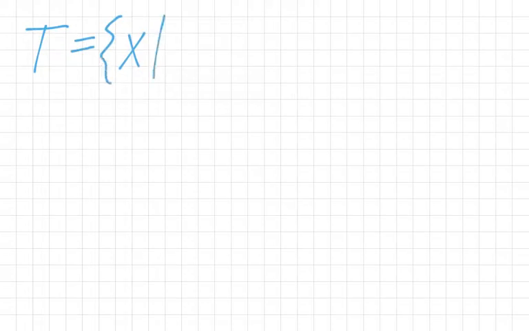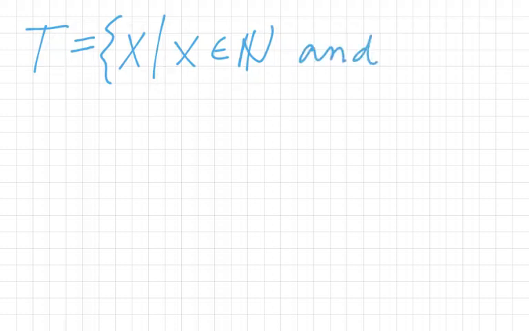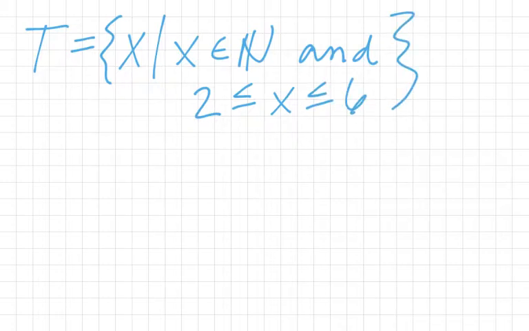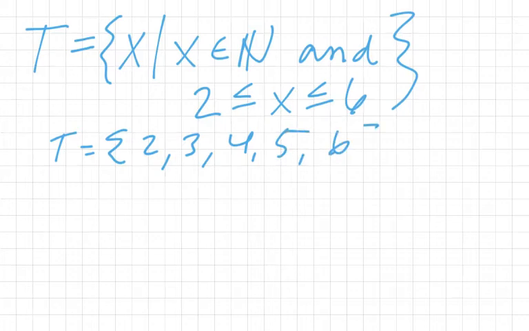The last example is if I have T such that it has the elements X such that X is in the natural numbers and X is between 2 and 6. So that set in roster form would be 2, 3, 4, 5, and 6.